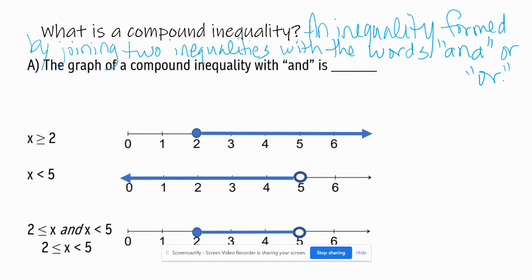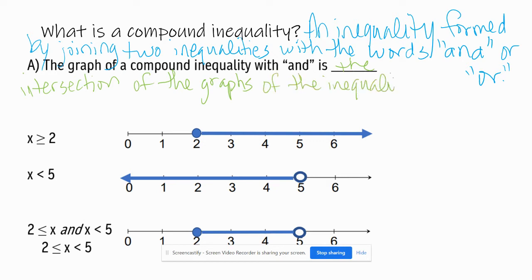The graph of a compound inequality with and is the intersection of the graphs of the inequalities.